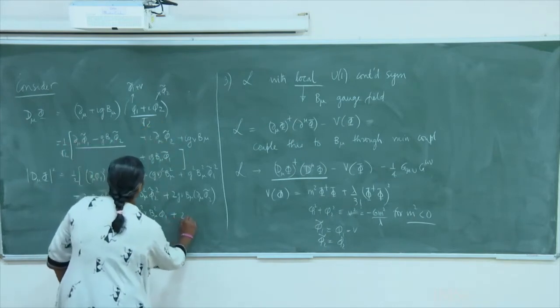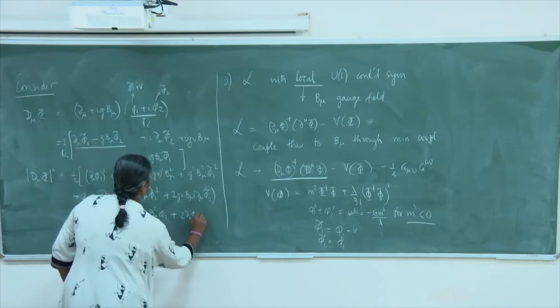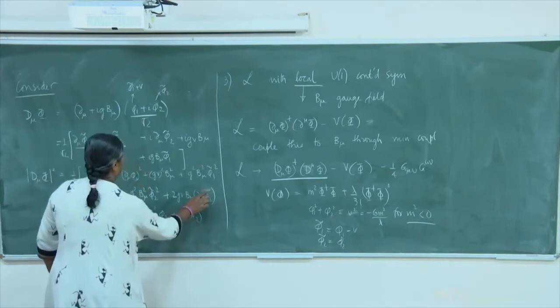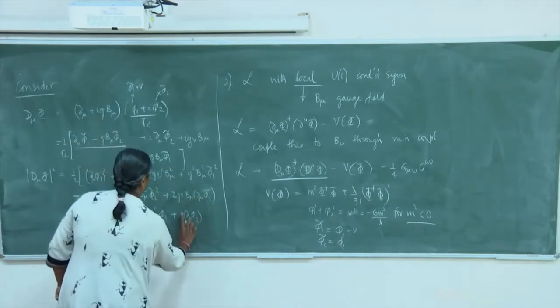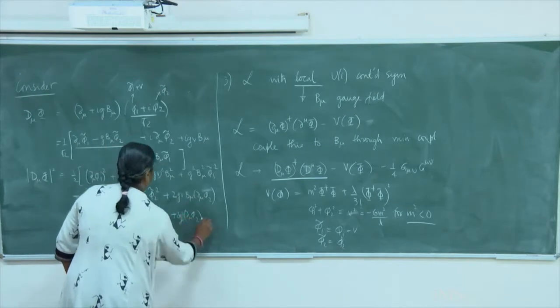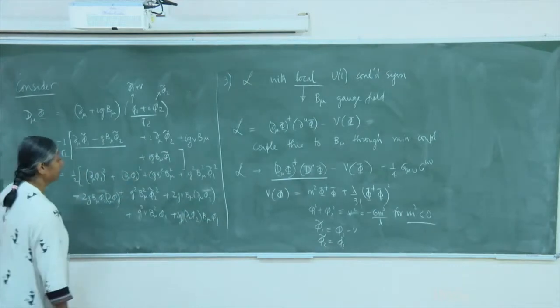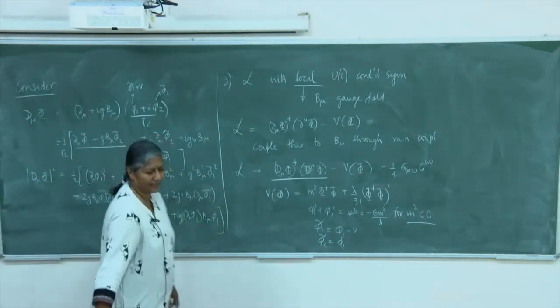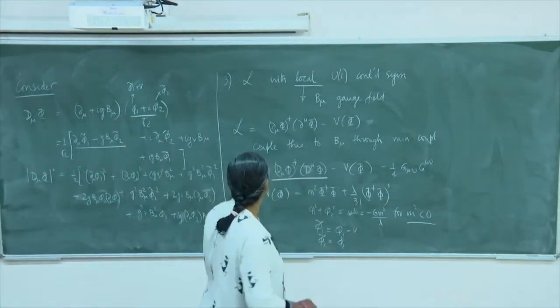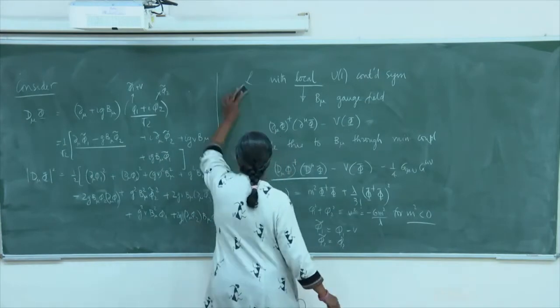So plus 2 d mu phi 2 into B mu phi 1. Okay, is this clear? I mean, just expanding the brackets. I am more interested in interpreting the terms one by one.